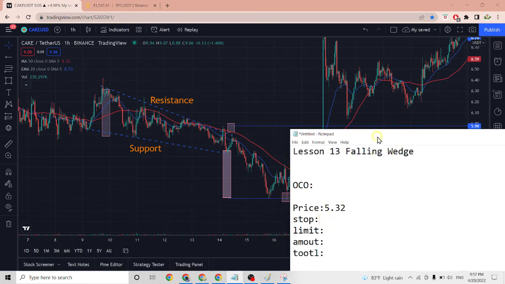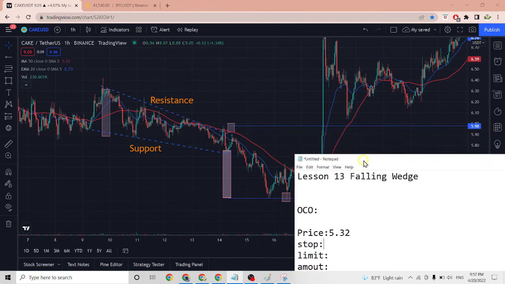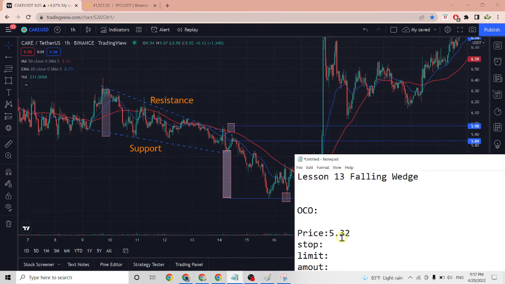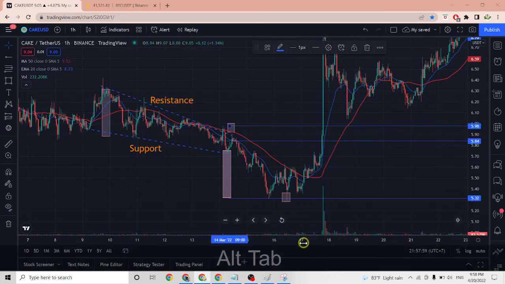For example, if the current price is this one, 5.84, you can set stop nearly at the resistance where you can buy this one.